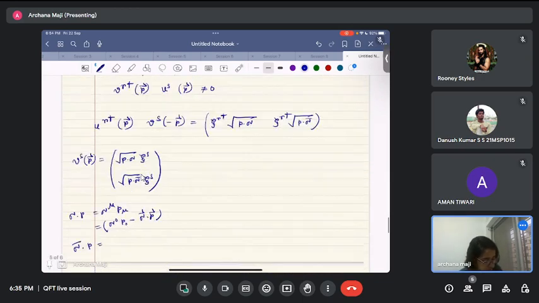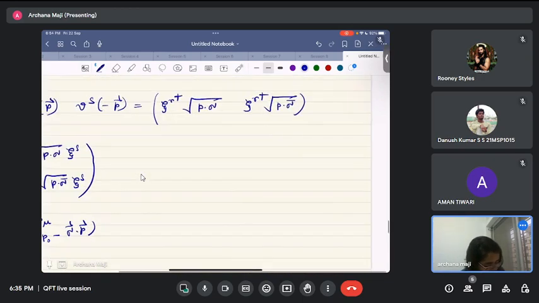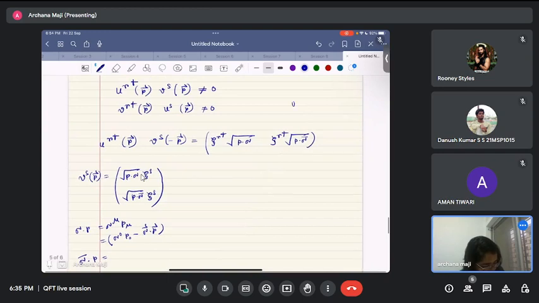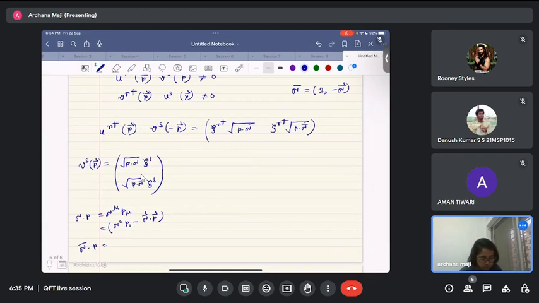Sigma bar was identity and minus sigma. So if we replace P vector by minus P vector, as if we are replacing sigma by sigma bar. So this is sigma 0 P0 plus sigma dot P.